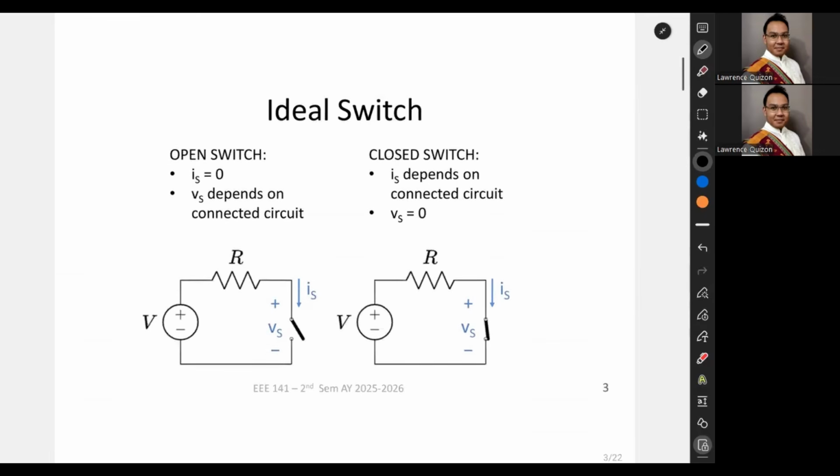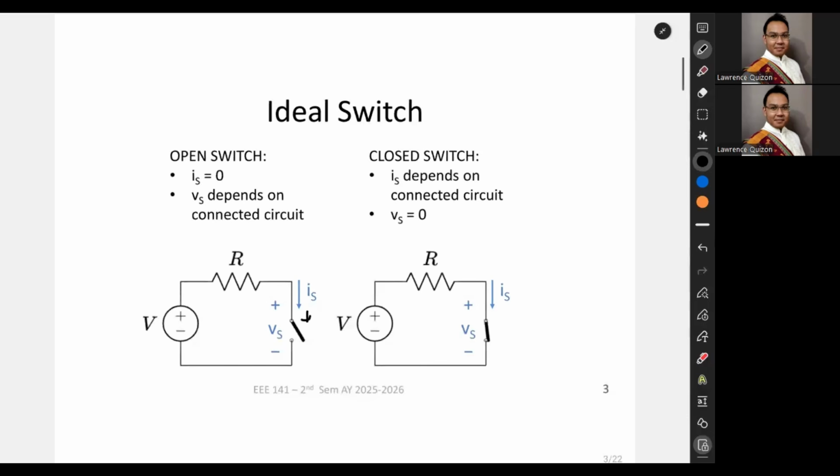So, first off, for an ideal switch, we know that it behaves like this. When a switch is open, the current across the switch is zero. There's no current that can pass through the switch. On the other hand, any voltage can appear across the switch. So for example, here, Vs would be equal to the source voltage.